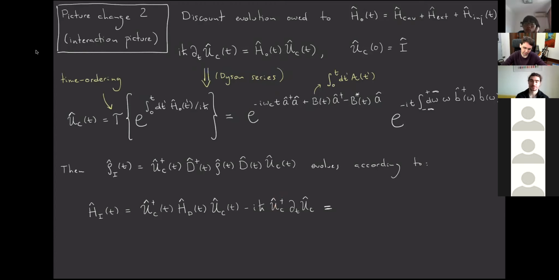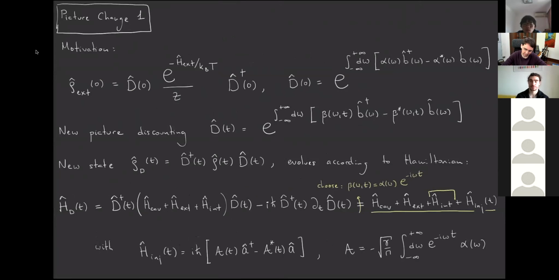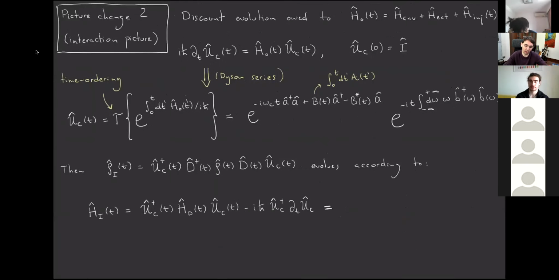So this means that in total, what we will have is just UC, okay, so the transformed, and then we have the Hamiltonian that we have minus H0, okay, extremely simple. So we just take the Hamiltonian that we have and we remove the cavity, the external, and the injection Hamiltonian. This is why we define the unitary transformation with this Hamiltonian.